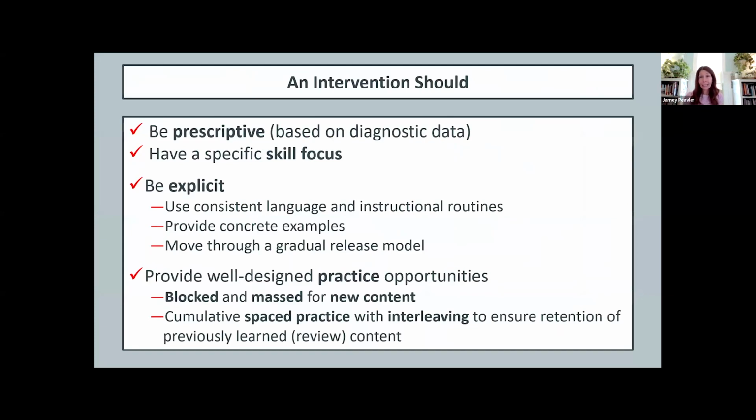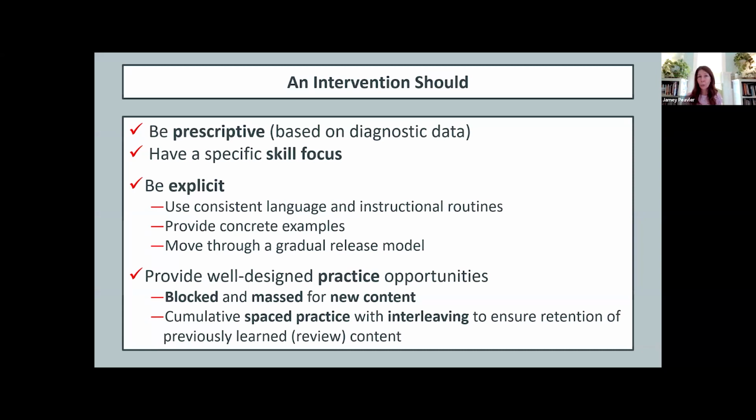So as I'm designing and delivering those interventions, what I have to think about is I need to be prescriptive. And the only way I can be very prescriptive and individualized is if I have the right data to tell me what it is that student or group of students needs. And to reduce extending their working memory capacity and overloading them, I have to be very explicit.